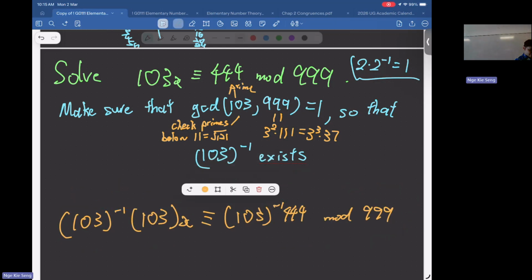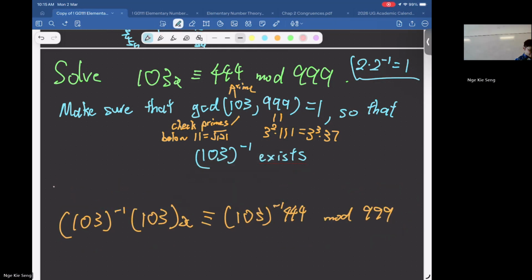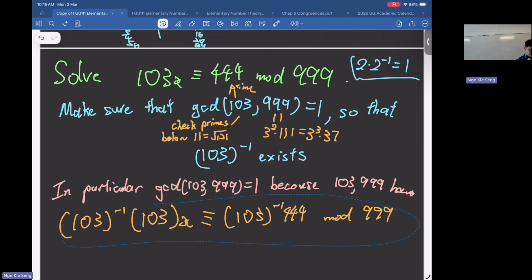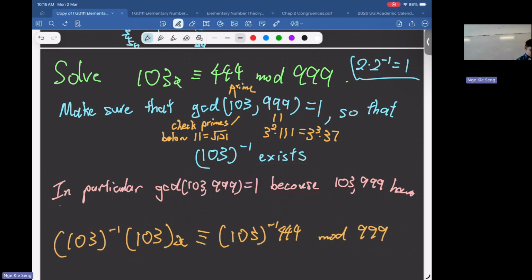In particular, the GCD of 103 and 999 is 1, because 103 and 999 have no common divisor apart from 1.